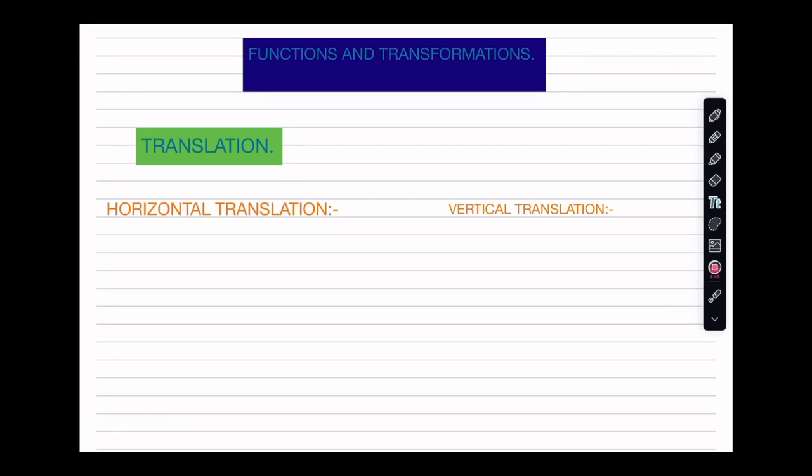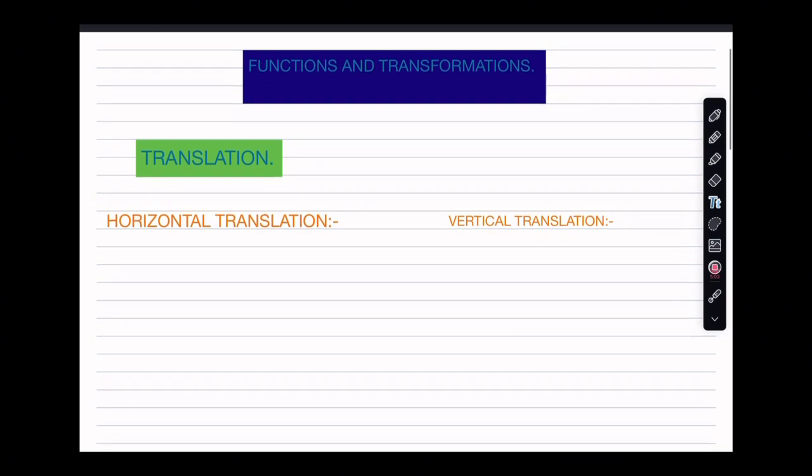So there are two types of translations. It can be horizontal, meaning along the x-axis, and it can be vertical, meaning along the y-axis. The horizontal translation is represented by f of x plus a, which is a translation by minus a.